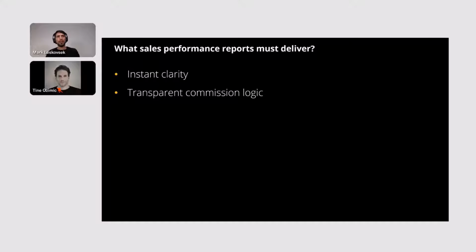A lot of this, of course, requires clear forecasts and targets. So forward-looking views with end-of-month forecasts per rep and estimated commission payouts to highlight the gaps and recommended actions to close them.